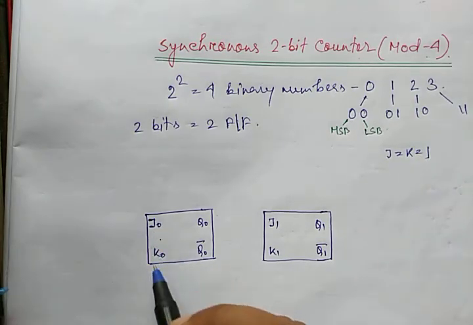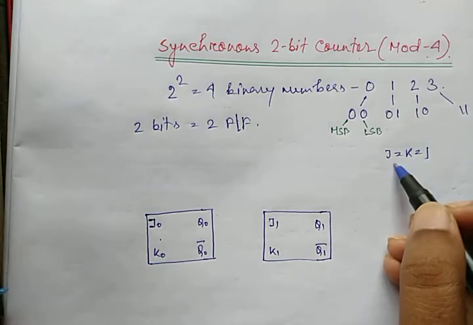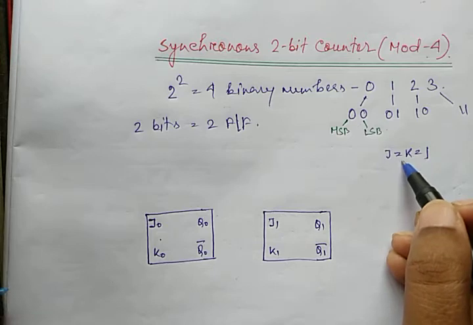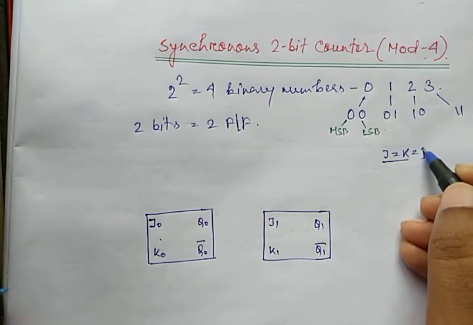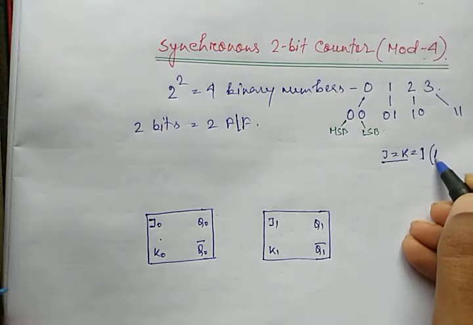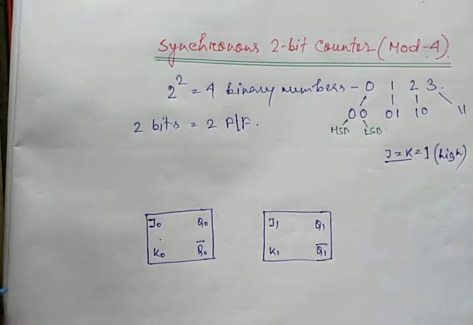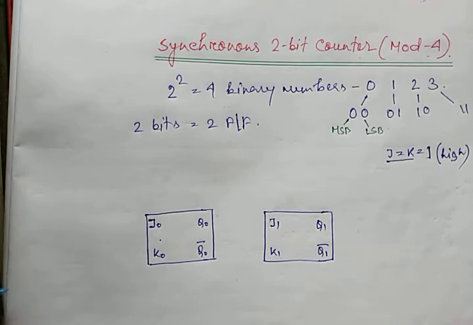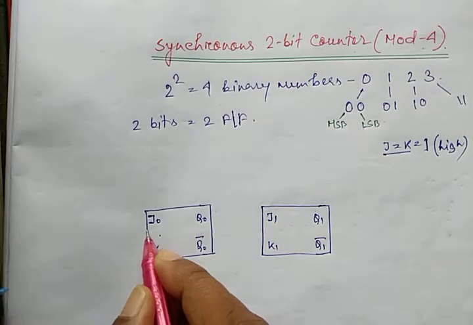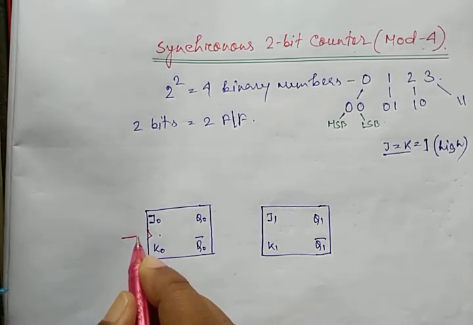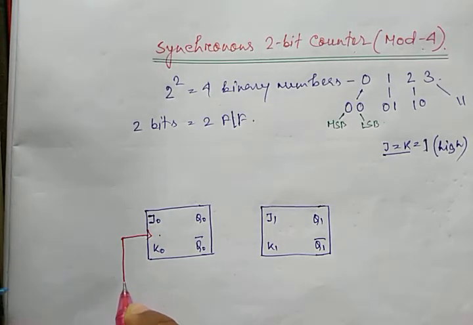So always we are going to send the input of J and K as 1, that is high. Now as this is a synchronous counter, the same clock pulse is fed into both flip-flops.